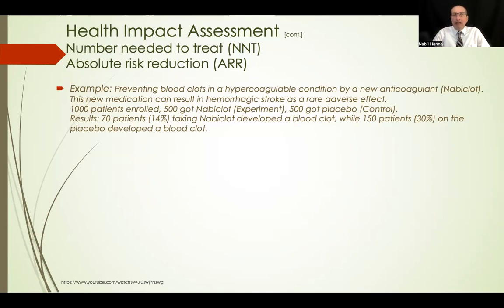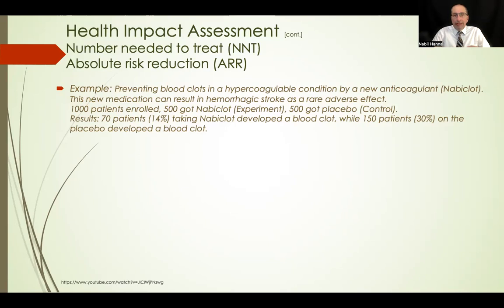And this new medication can result in hemorrhagic stroke as a rare adverse effect. So let's say 1,000 patients are enrolled in this study, and you want to look closer into the results of this study in order to decide, is it beneficial and safe to use this drug or not?